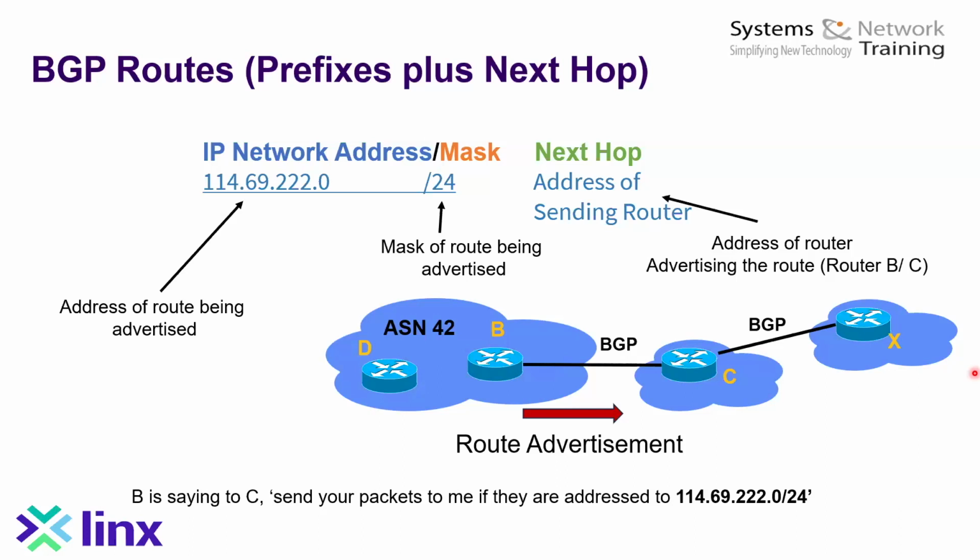And by the distribution of those routes with BGP in the internet, our application data packets can hop from one ISP, if you like, to another, to get to their destination network on the internet.